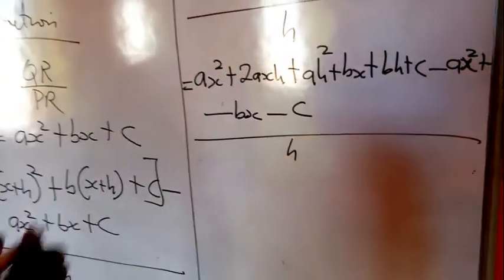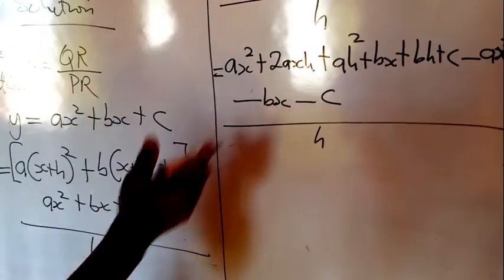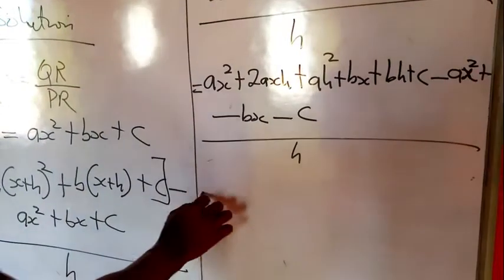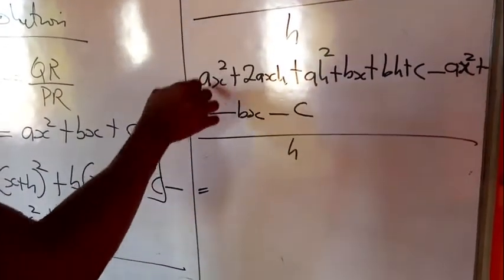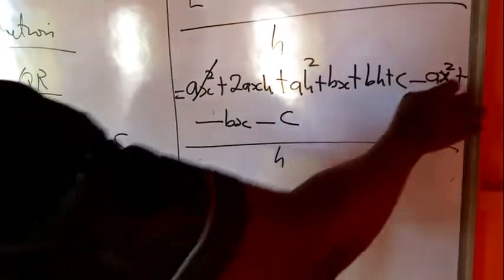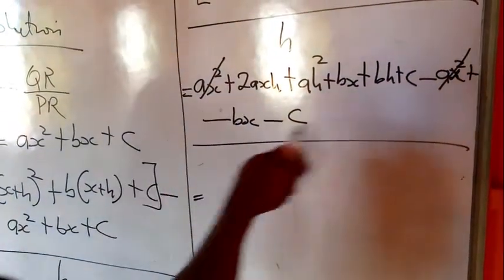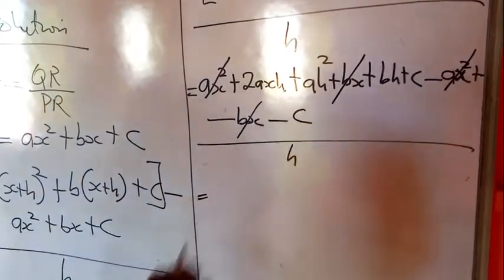So I will try to streamline it again so that the cancellation will be simpler. From here, we know that this one is plus ax squared and this one is minus ax squared. So ax squared minus ax squared will go away. Then check, plus bx minus bx will also go away.